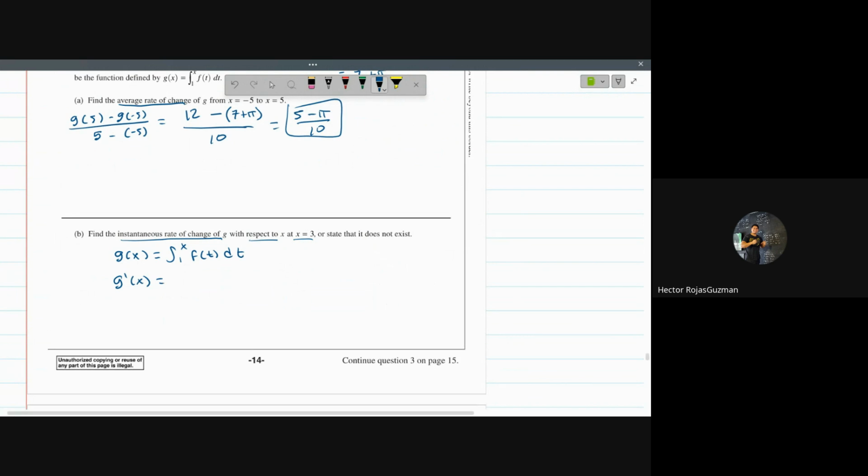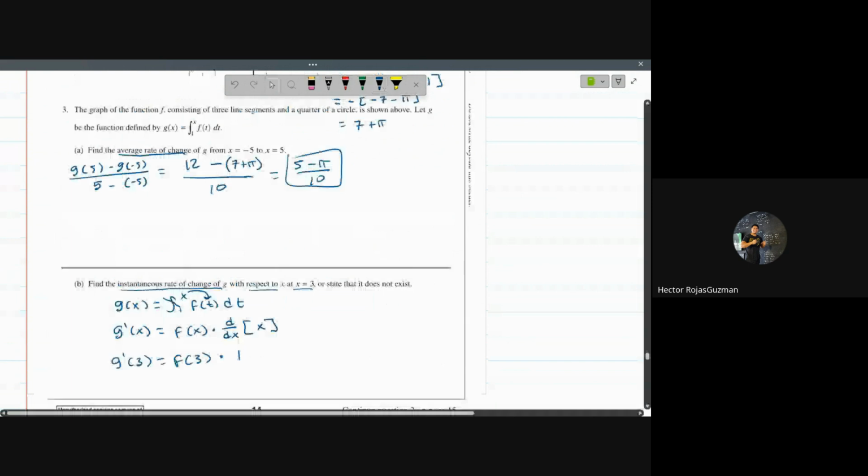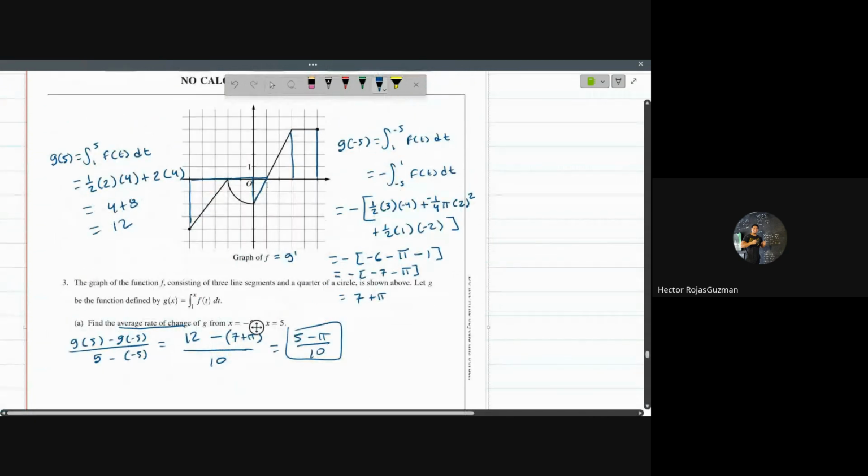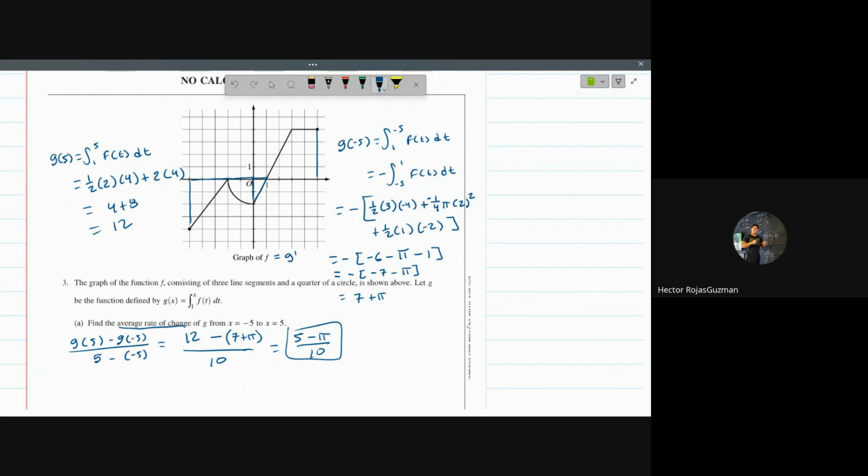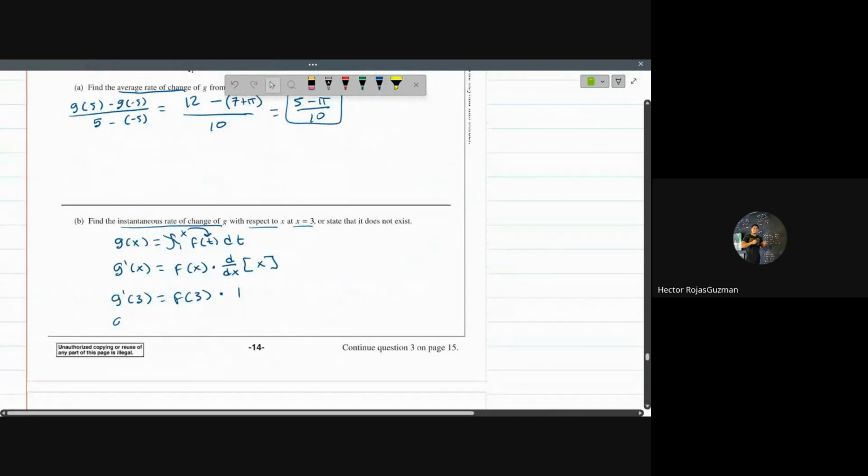When you take the derivative of an integral, you cancel it out, plug in the variable, f of x, and then multiply it times the derivative of that variable, which in this case is just 1. So g prime of 3 equals f of 3 times 1. If we go up to the graph, we can see that f of 3 equals 4. So g prime of 3 is equal to 4.